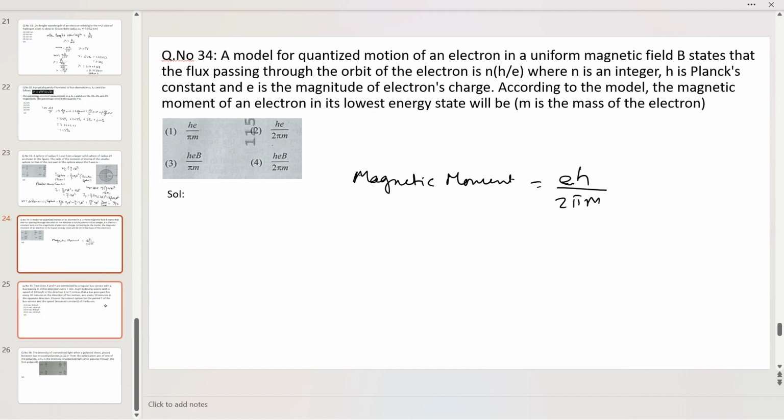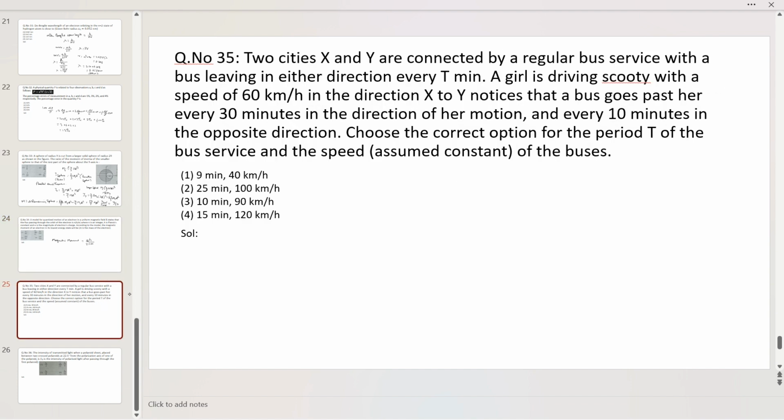Now I am going to another question. Two cities are connected by regular bus service with a bus leaving in either direction every t minutes. That means your time period is given to you.